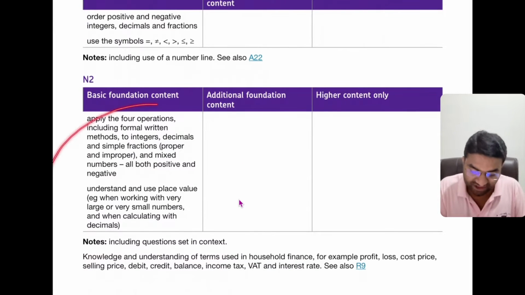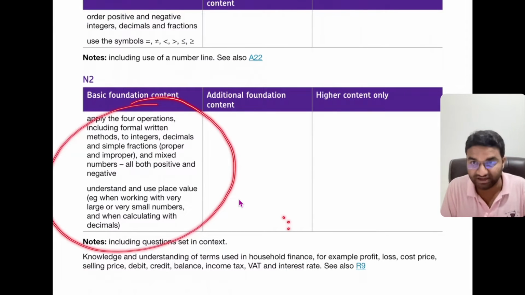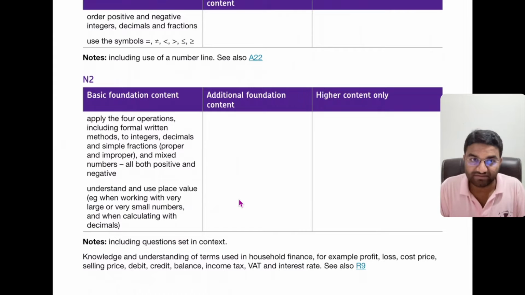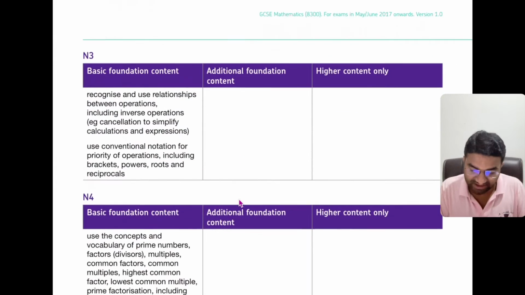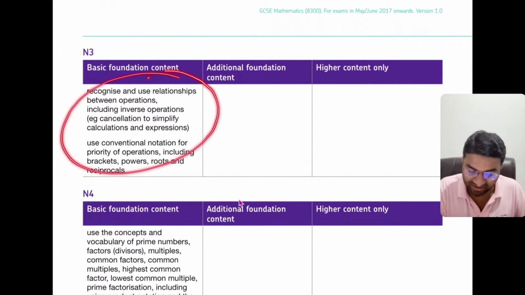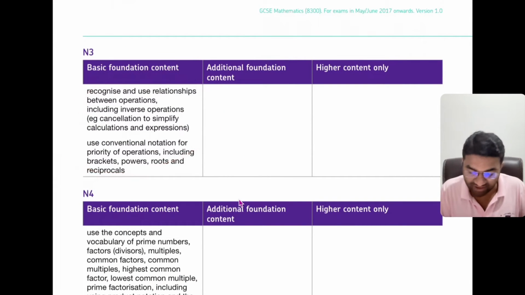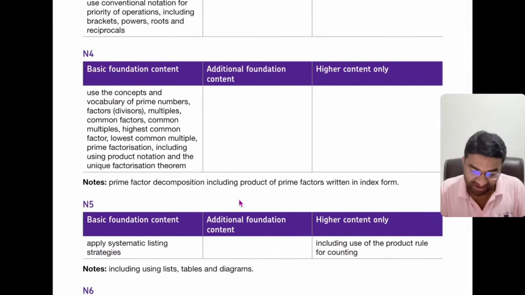Then basic operations such as addition and multiplication, integers, whole numbers, then proper, improper and mixed fractions will all be there. Then third, the relation between operations, inverse operations. Then next we have prime numbers, factors, multiples, common factors, meaning the LCM and HCF concept, and prime factorization.